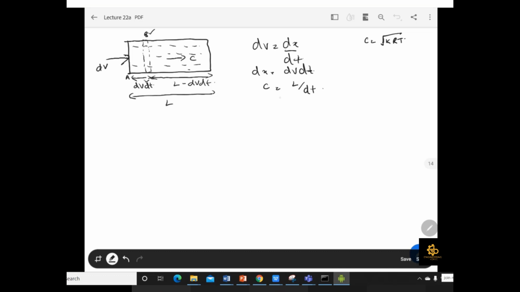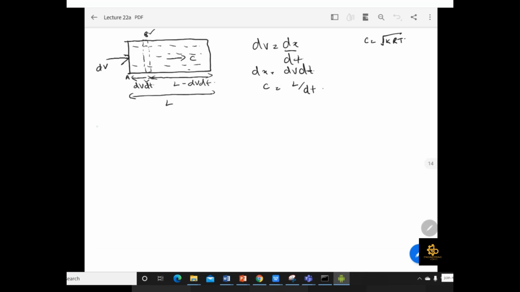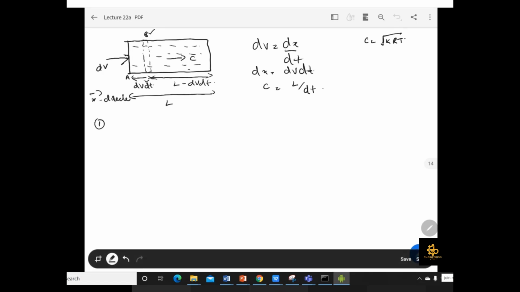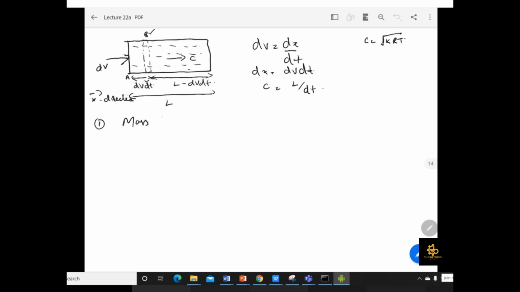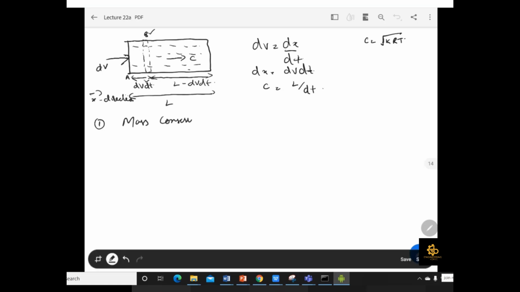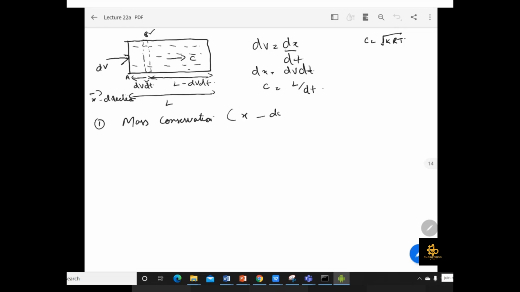Okay, so first thing, in order to prove this c is equal to square root of k R T, you have to apply mass conservation. Here we are talking about the x direction, so you have to apply mass conservation in the x direction.